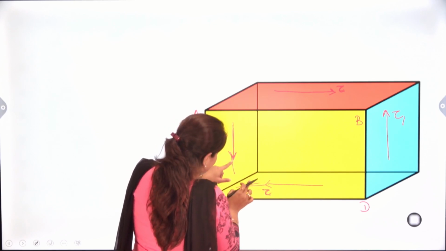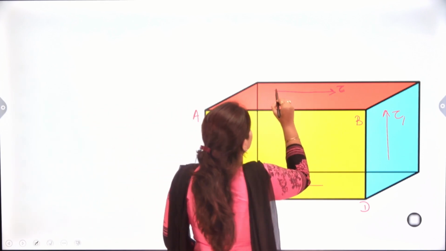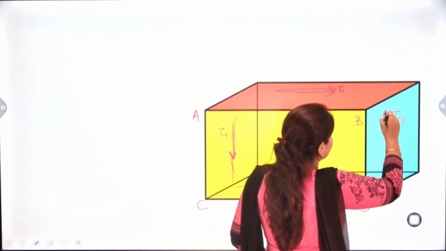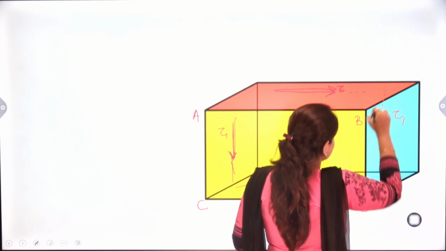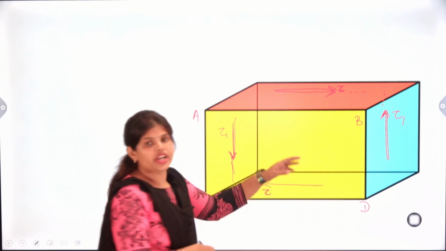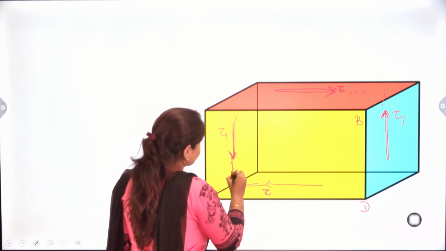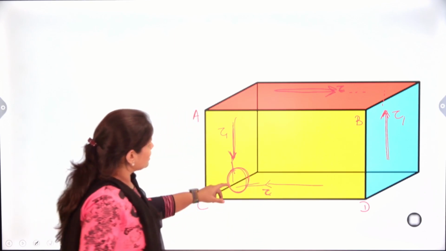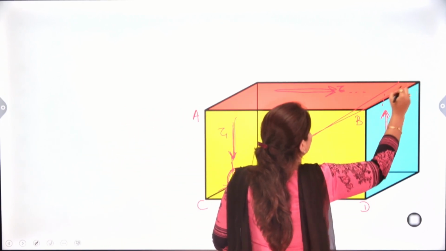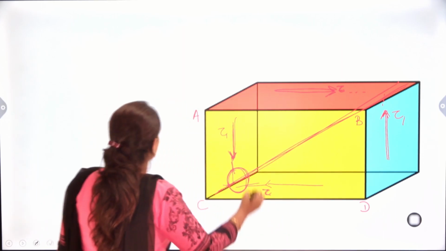If they come across, they will be in the same direction. And here they are distracted from each other, right? Also here you can see they are coming towards each other, and in this diagonal they are distracted from each other. So you can see that the shear forces along one diagonal are coming towards each other.